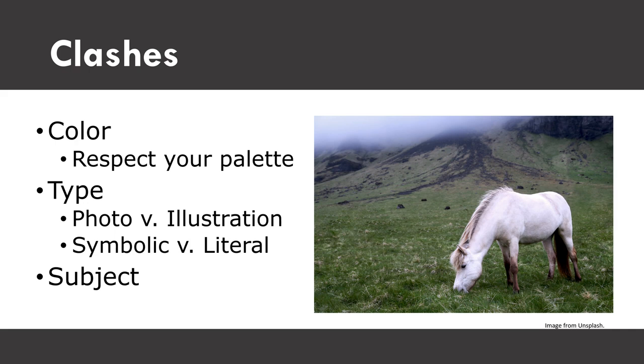So it's important to think through whether your images all cohere together, all sort of look like they should go together. You can also get a much more subtle clash in thinking through the types of images you're using and whether you're using very literal images or whether you're using things that are more symbolic. So what I mean by this is, say we have a web page about birthday parties that we are going to host for kids at our indoor gym in 2022.